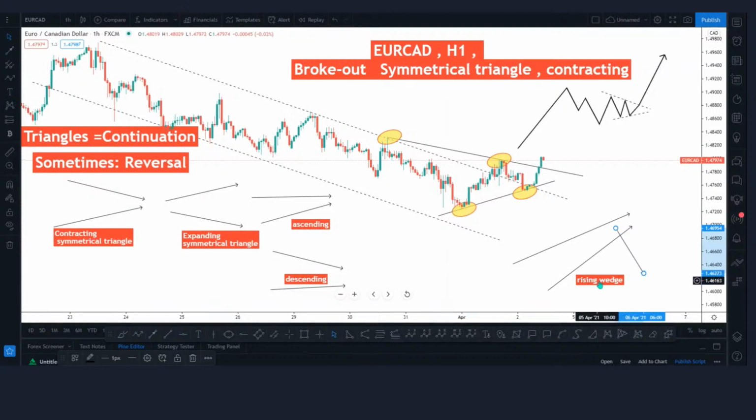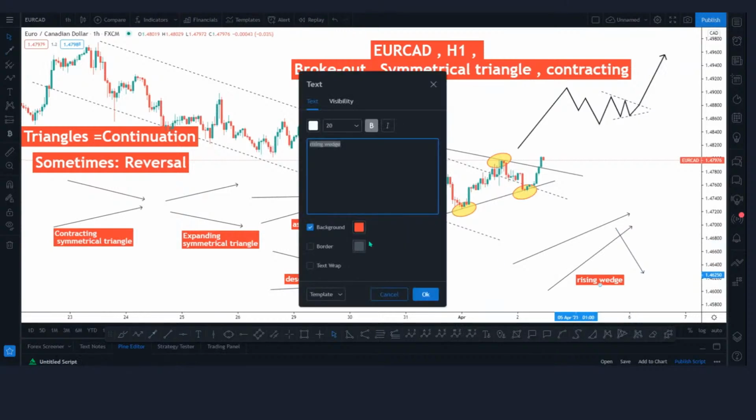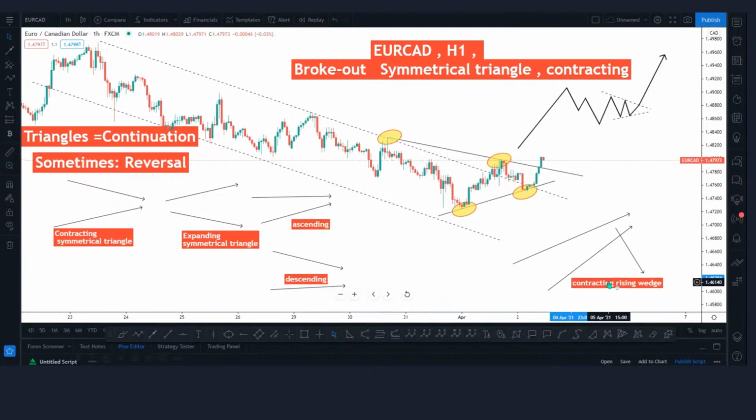Okay, guys, I like to call this contracting, because it can come the opposite way. Contracting rising wedge, which is a falling wedge. So basically this is a triangle going up, and this triangle is coming down.